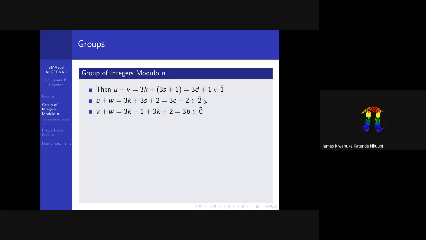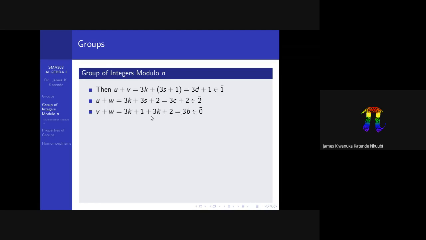We do the same with V and W. Remember, V was picked from the integers that leave remainder 1 when divided by 3. So we can write it as 3k plus 1. W can be written as, maybe this should have been a different letter, so that it doesn't have to be the same letter as what we have here, but it's a multiple of 3 plus 2.